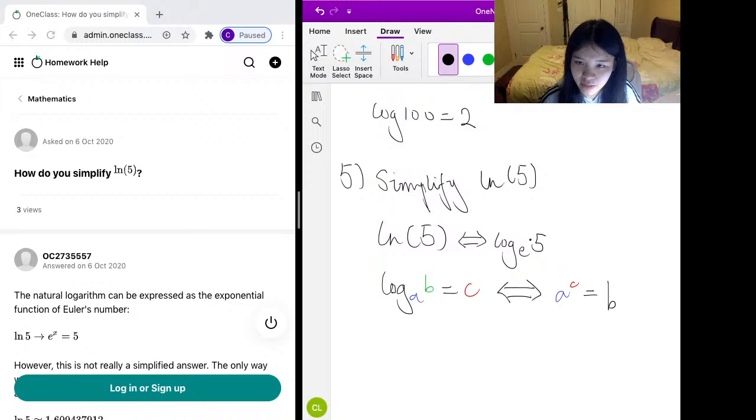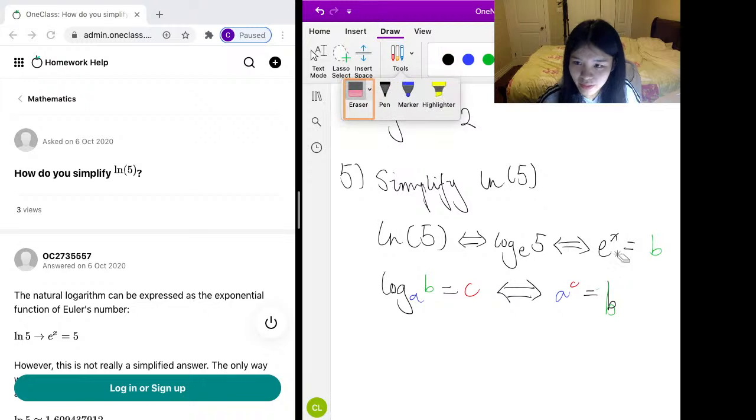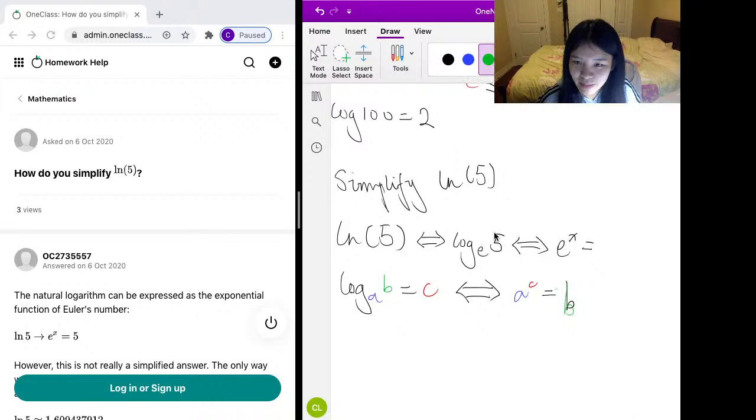So ln 5 is equivalent to log_e 5, which would be the equivalent of e to the power of x equals 5, where e is our a, x is c which is unknown, and b is 5.